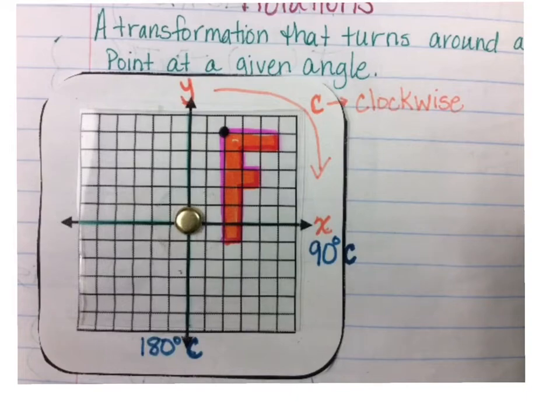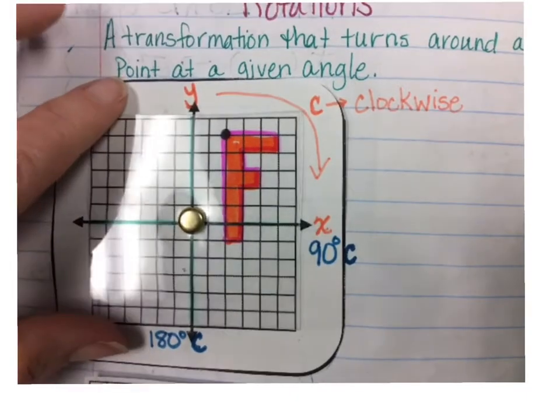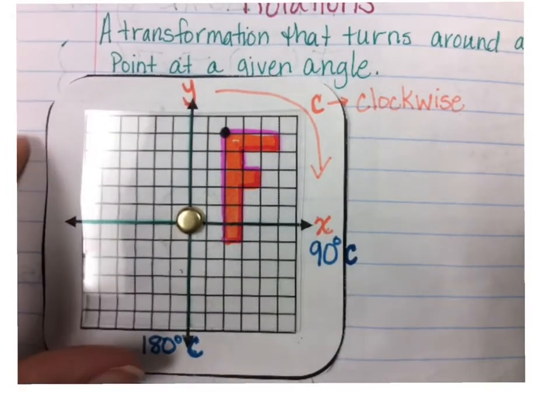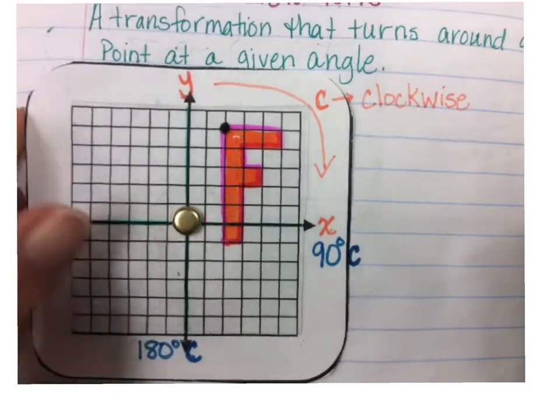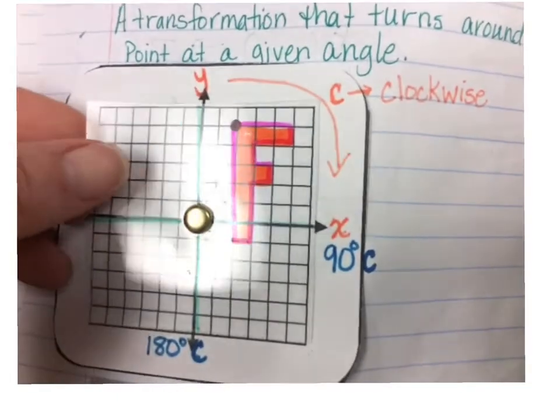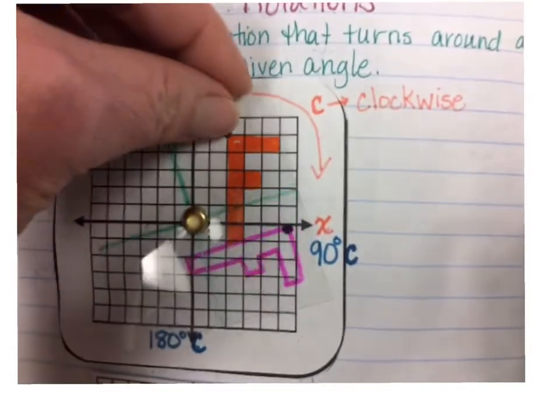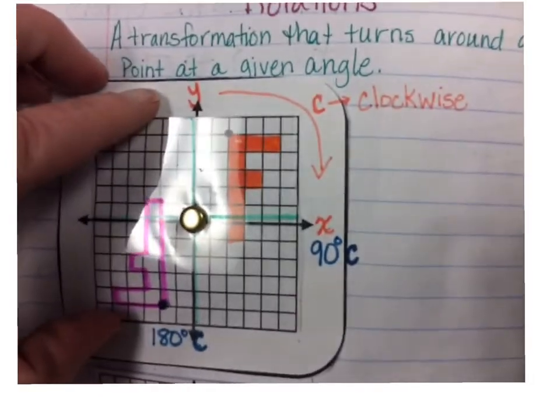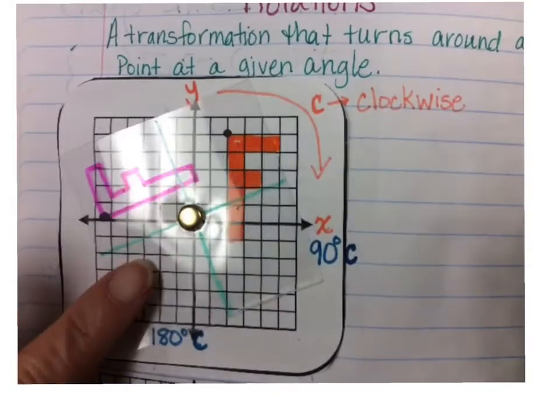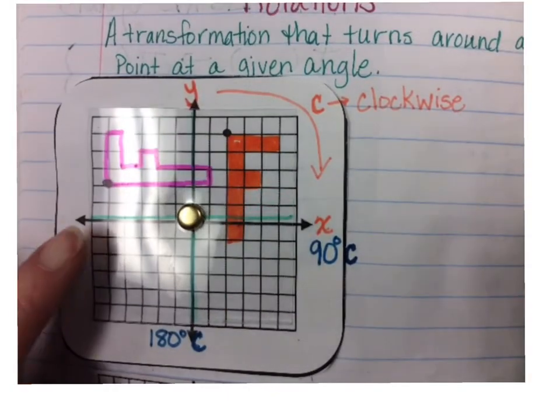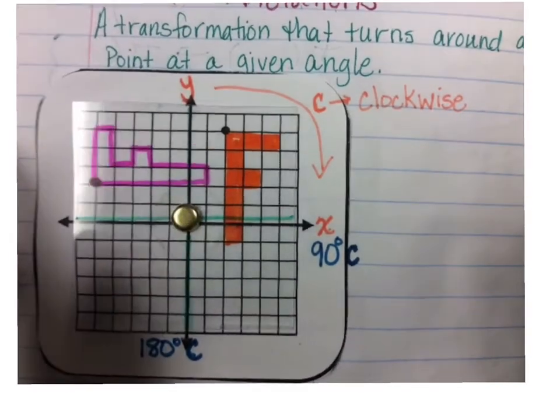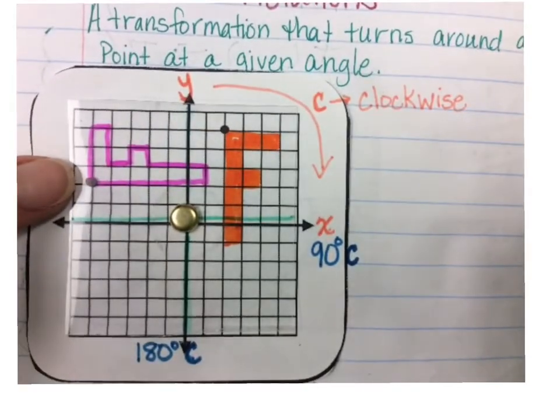Now we are going to go back to our original point, and this time we are going to rotate it clockwise 270 degrees. So that's 90, we had 180, and now we're at 270. Again, you're going to write down the coordinates of your new point, which in this case is going to be -5, +2.